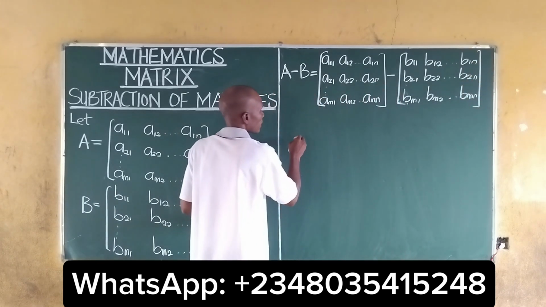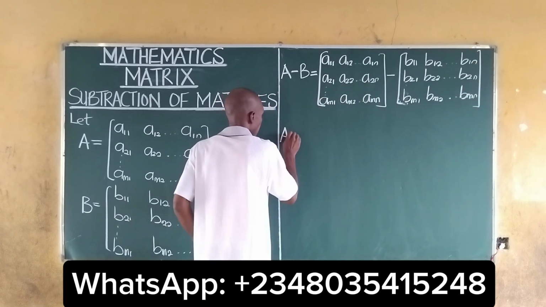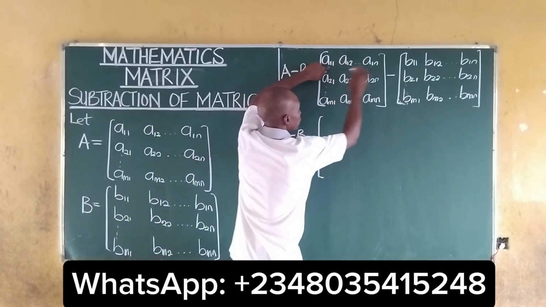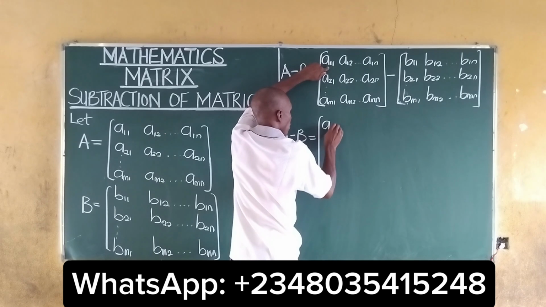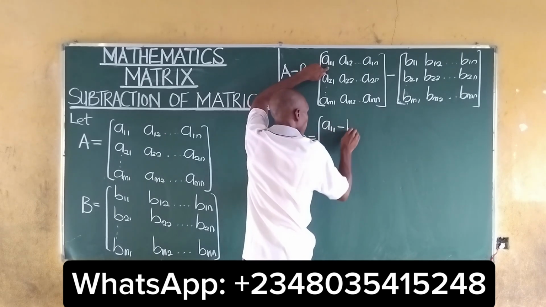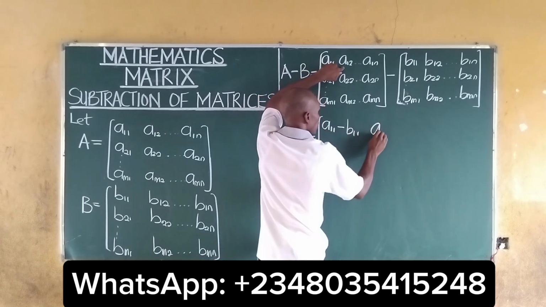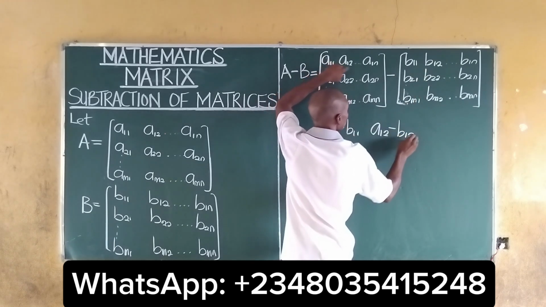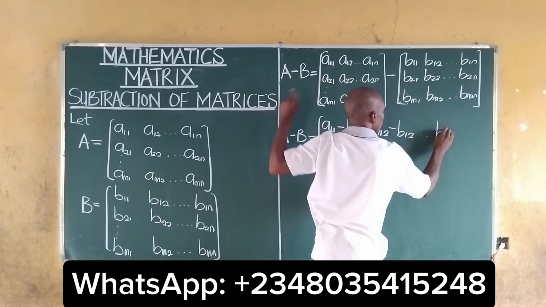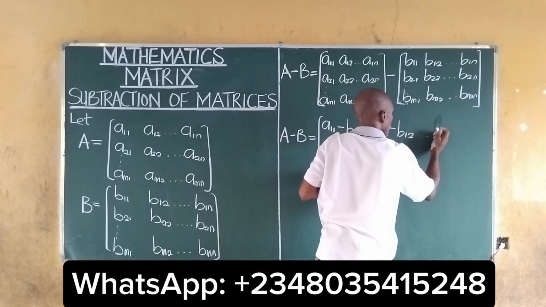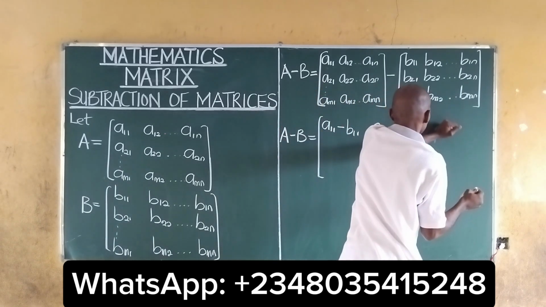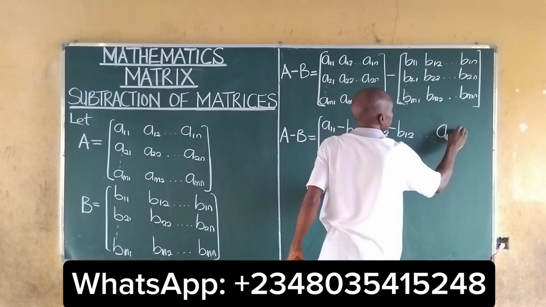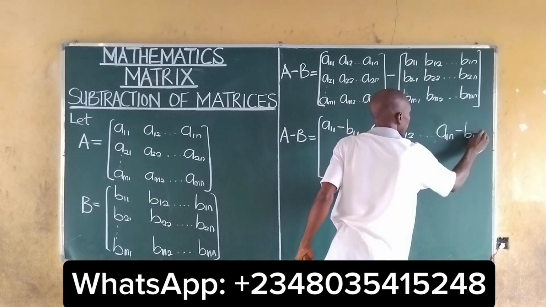It then means that A minus B is equal to, this is subtracted, so we have A11 minus B11, A12 minus B12 to A1N minus B1N.